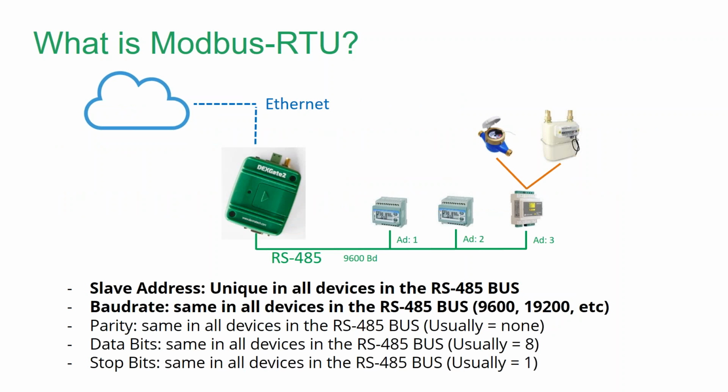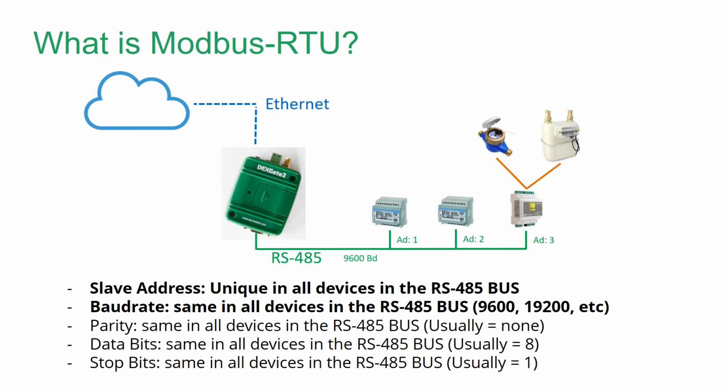If we see it in devices, it would be something like this. It's the gateway on one end of the bus, and then the meters, or different types of meters. Here you can see kilowatt meters that are three-phase meters, but also pulse meters that can read water or gas, also temperature probes, whatever you want to connect to the bus, okay?